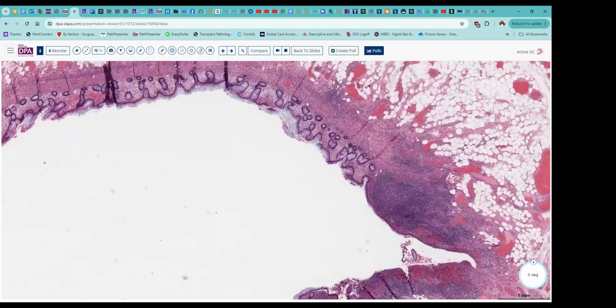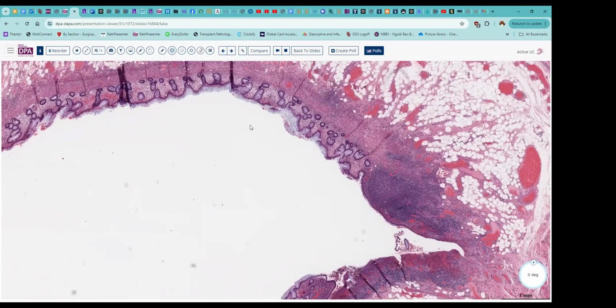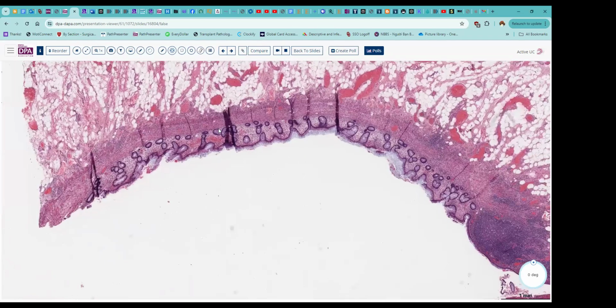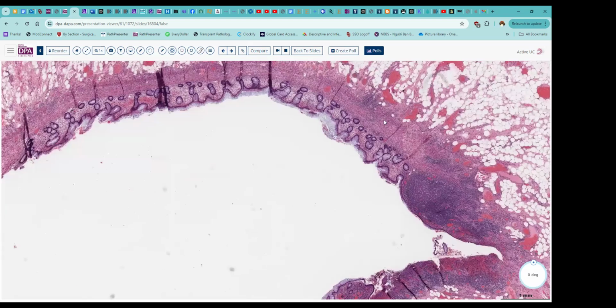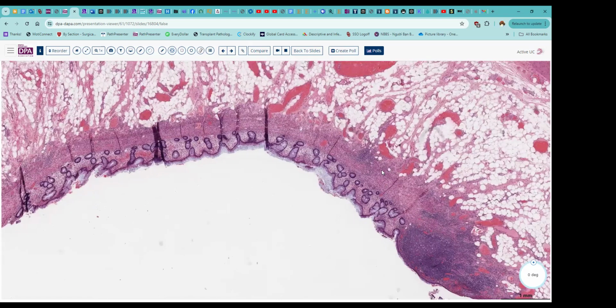Now, the more common situation that we see in our practice in terms of follow-up on these patients, particularly those that are receiving some of the targeted therapies, is that their mucosal appearance will revert virtually to normal and will become, with effective treatment, indistinguishable from normal.